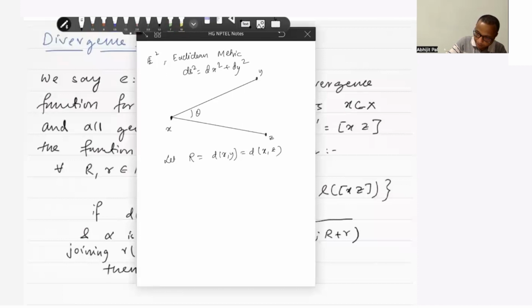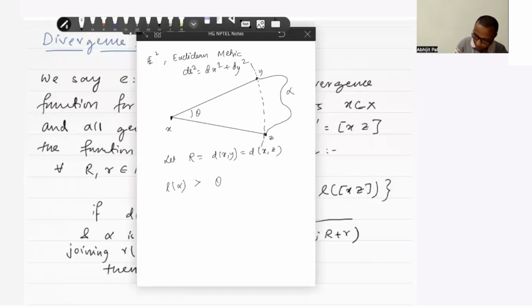And now if I take some ball of radius capital R, and if I take any path alpha which lies outside this ball of radius capital R, then the length of alpha is always greater than theta r. So what is theta r?